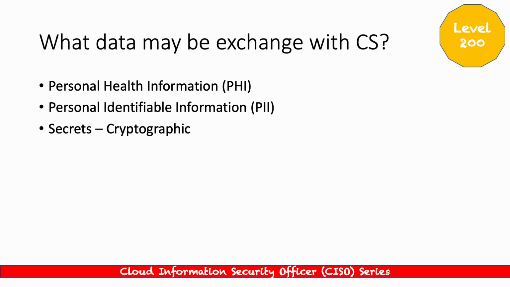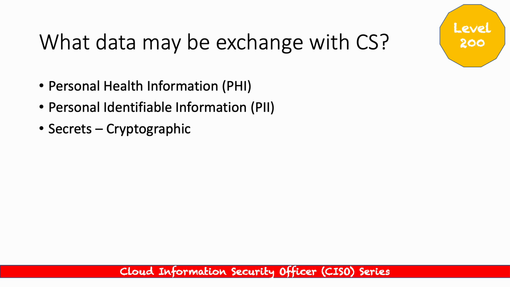Now, what data may be exchanged with Confidential Space? As I mentioned at the beginning of the course, we're thinking about sensitive, highly confidential data. So what is some of this kind of data? We have personal health information, PHI, personally identifiable information, PII, and secrets, which are part of the cryptography aspects.